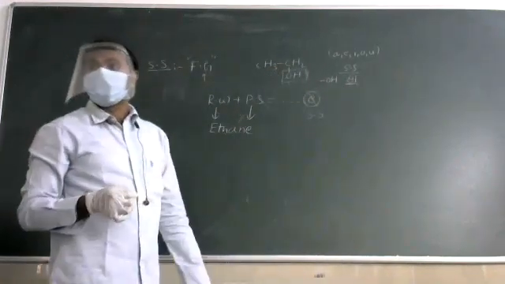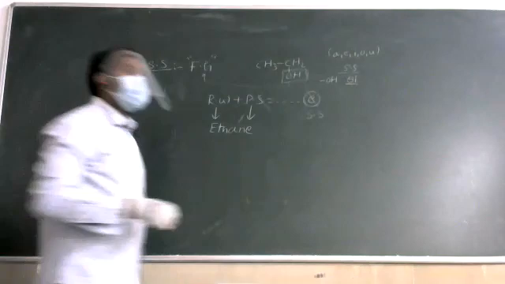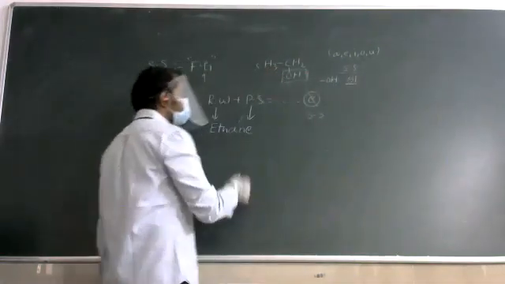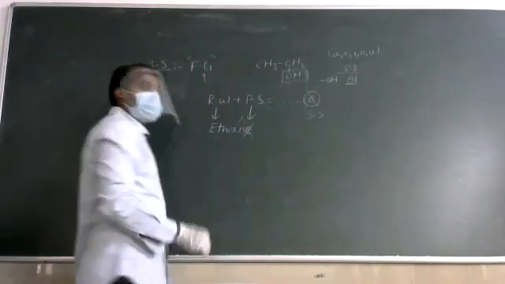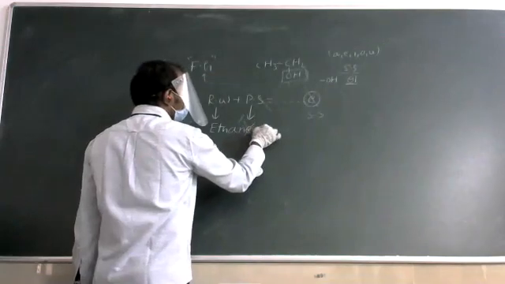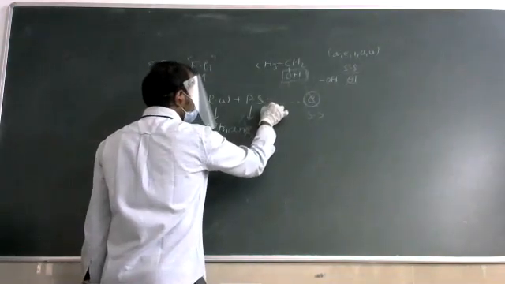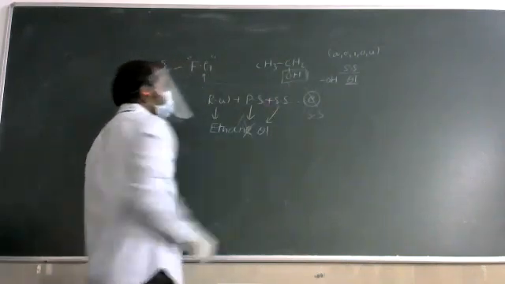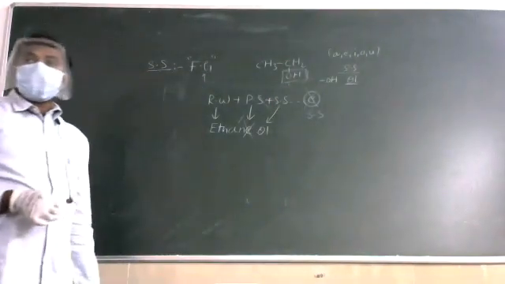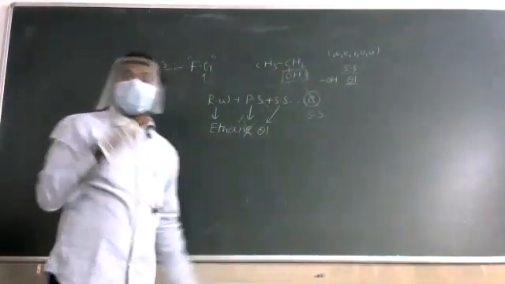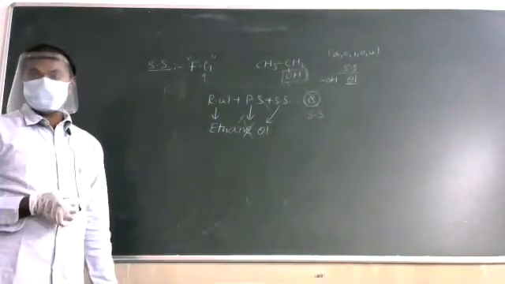According to IUPAC, that is ol. What is the beginning letter here? O. Because of that, here the E is dropped, replaced by the secondary suffix. So what is the complete IUPAC name? Ethanol. That is the correct IUPAC name.